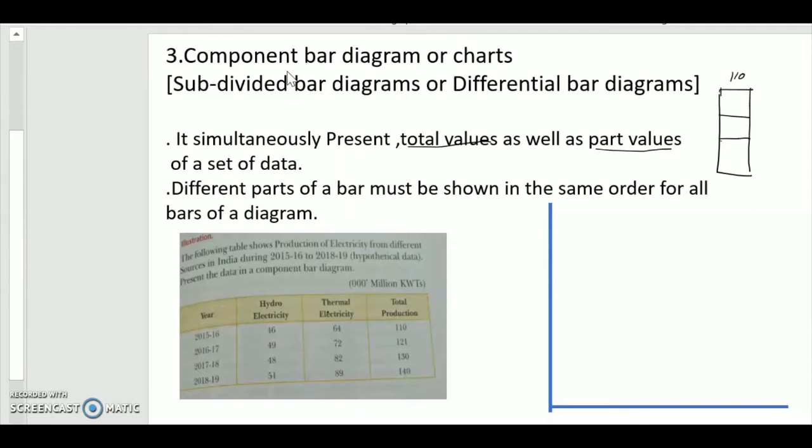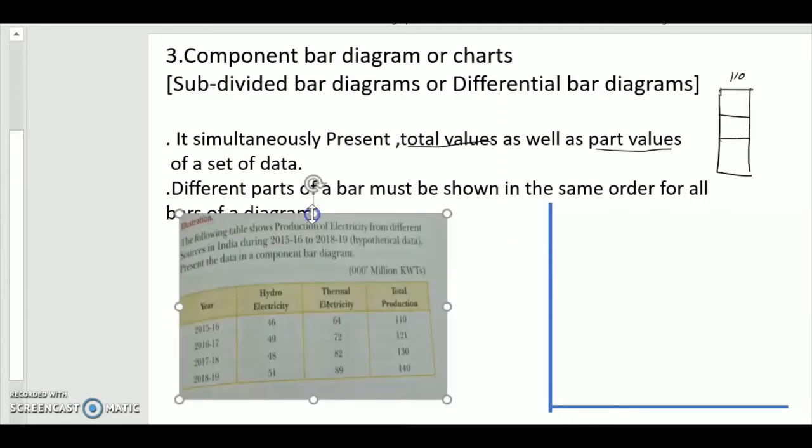In a single bar itself, it represents the part values as well as the total value.